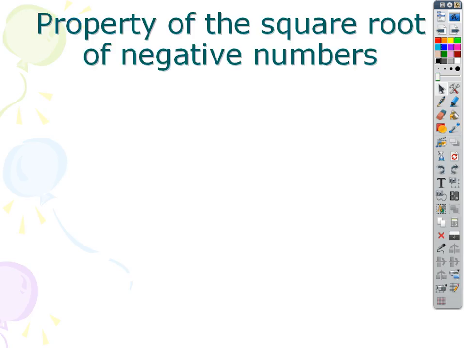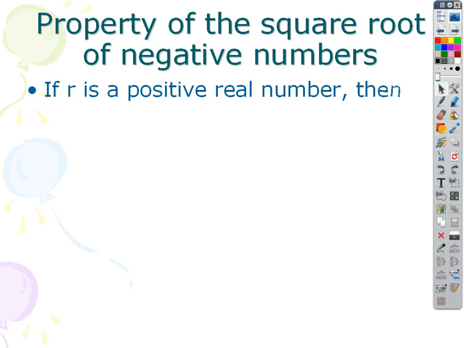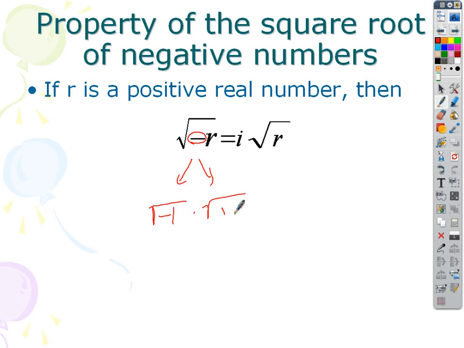So what about these properties of square roots of negative numbers, these i's? Here's how we use this. If I have the square root of a negative number, then we know that we can split that up into the square root of -1 times the square root of r, right? And the square root of -1 is just i. So we can take a little shortcut.